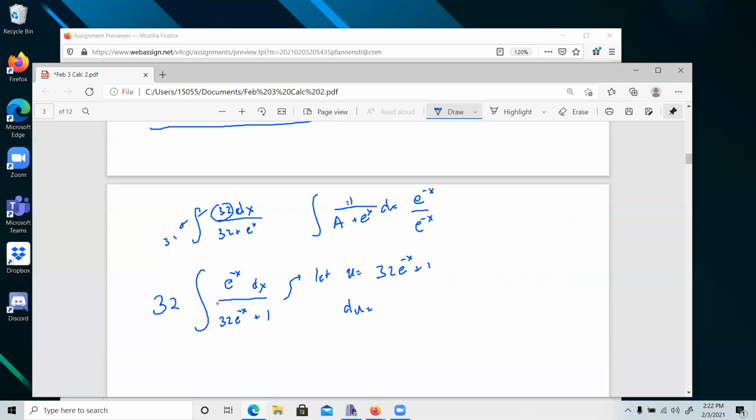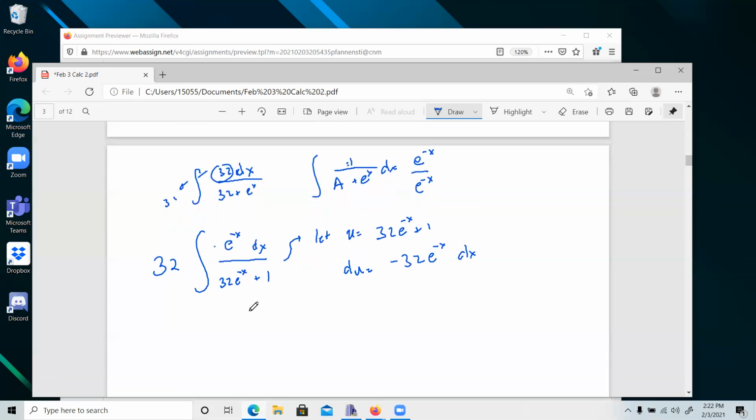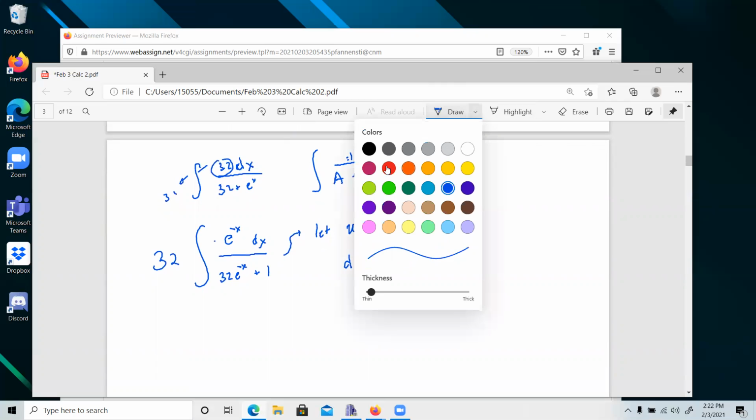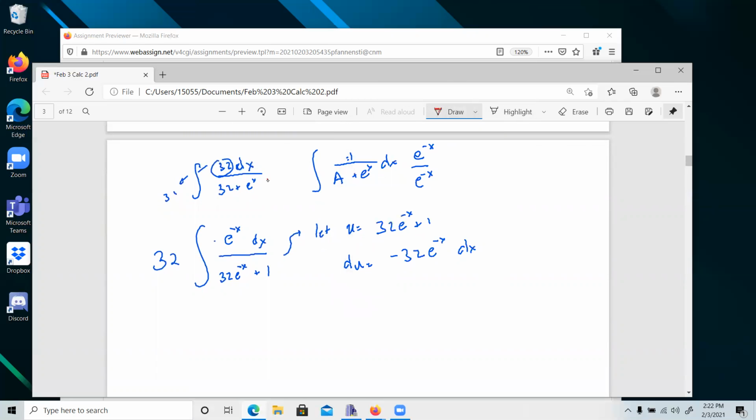du is just going to be negative 32 e to the negative x dx. So at that point, I want to put this back in. Again, you have negatives, and you always have to watch your signs when you're doing all of this stuff.